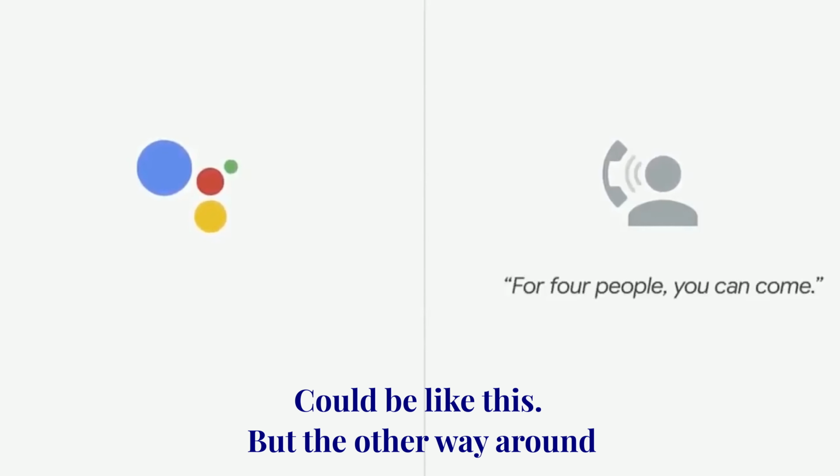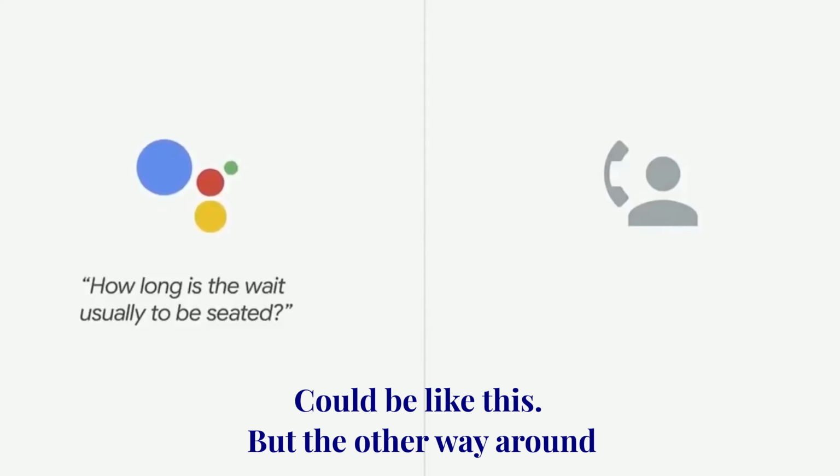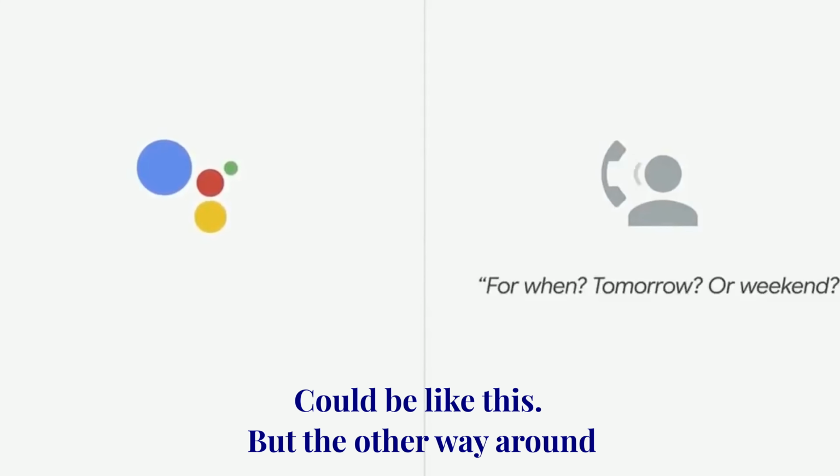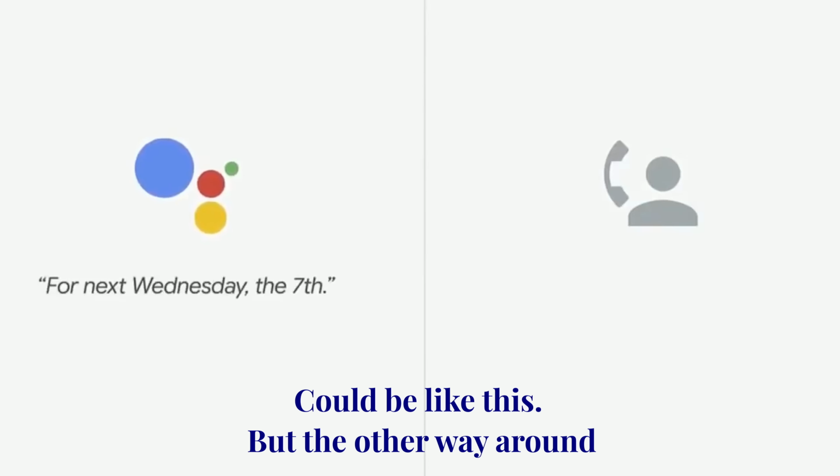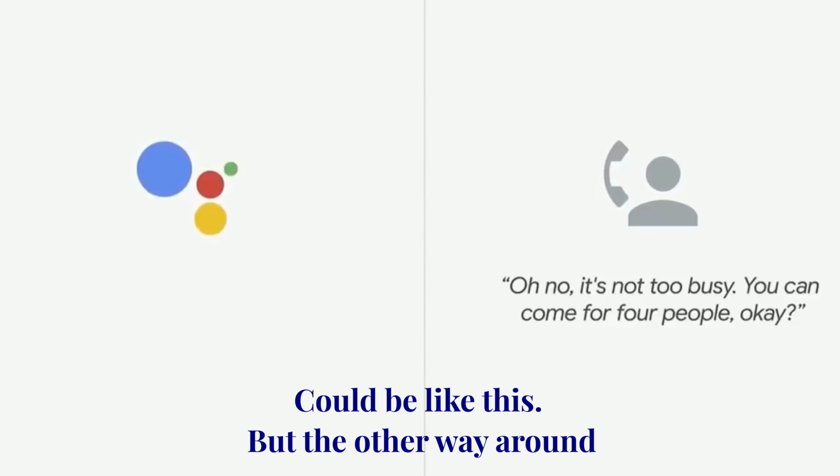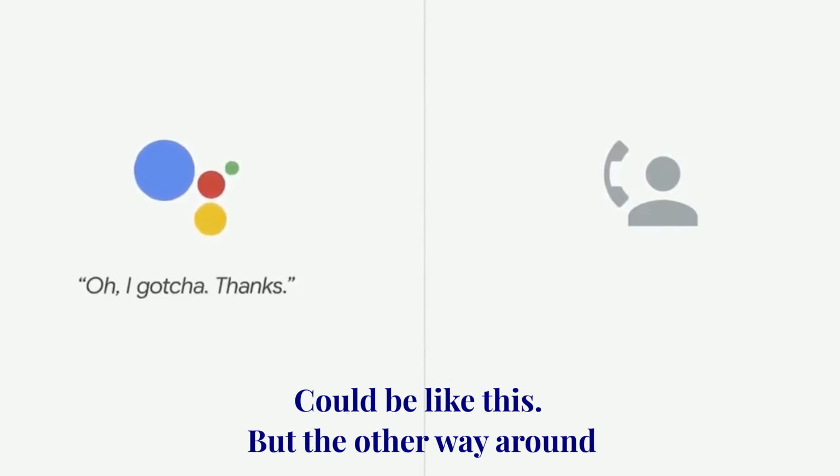For 4 people you can come. How long is the wait usually to be seated? For when, tomorrow or weekday? For next Wednesday, the 7th. Oh no, it's not too busy. You can come for 4 people, okay? Oh, I gotcha. Thanks. Bye bye.